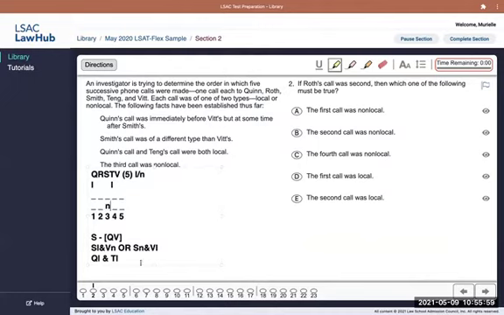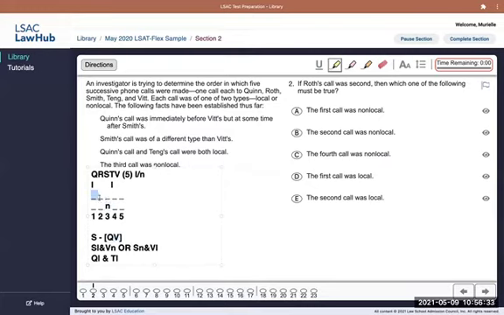Okay. So given we know now that Q is local, I'm going to go ahead and, oh, you have to change the color of the whole thing. That is not very helpful. In any case, Q here, we know that it's local, therefore it cannot be third. Okay. V could potentially be third.